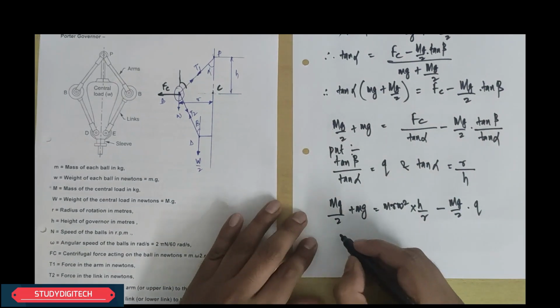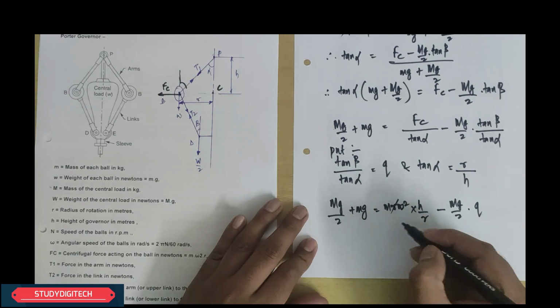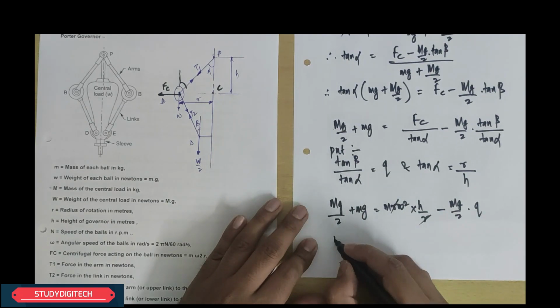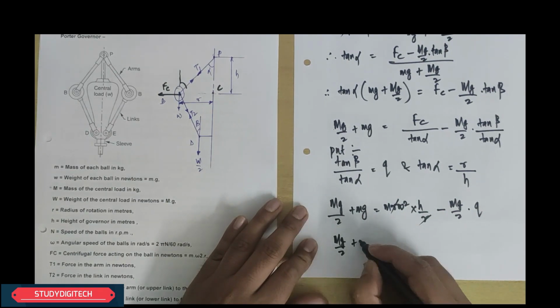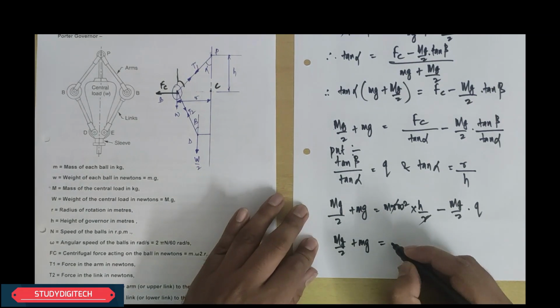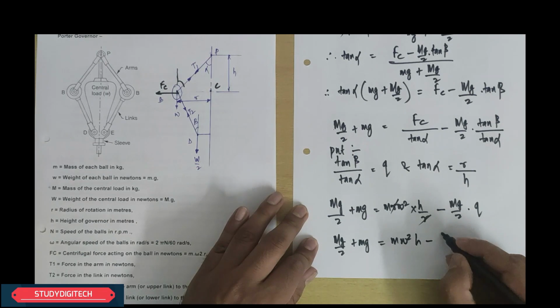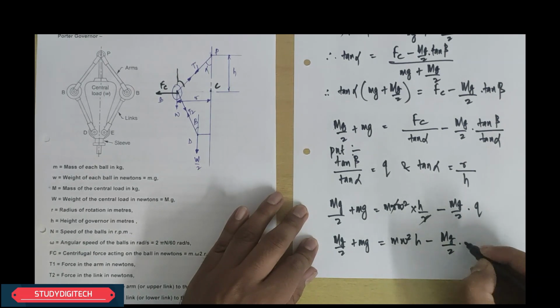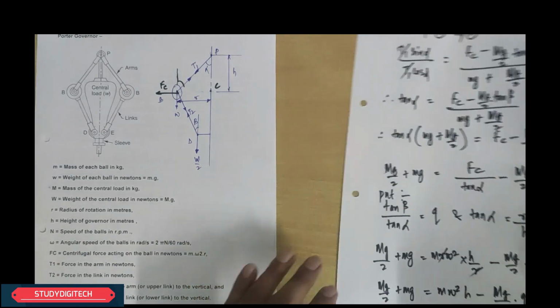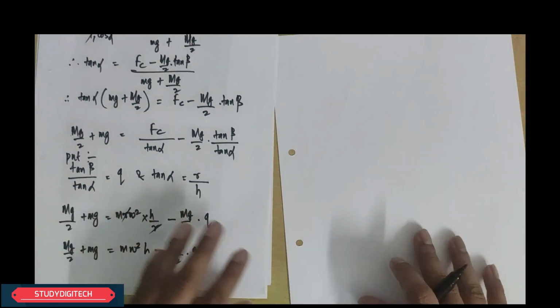So this equation we can rewrite it as, R R cancel, mg by 2 plus mg, which is equal to m omega square h minus capital Mg divided by 2 into q. So we have this equation.